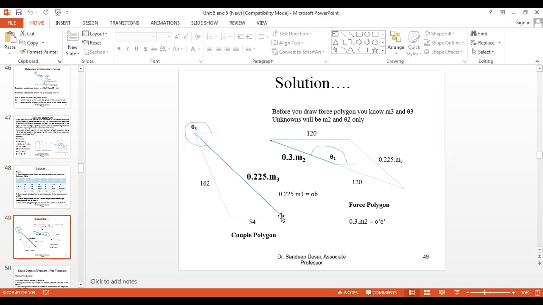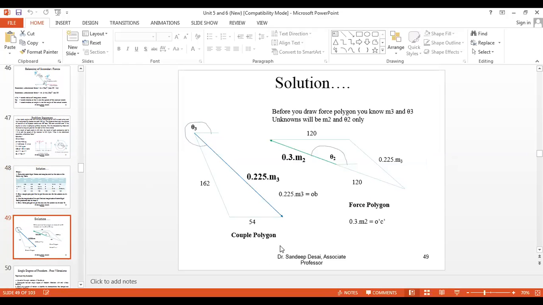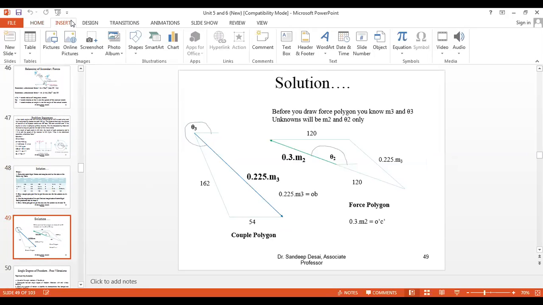No problem. For drawing the couple polygon, which we have to draw first, start from here. This is that point. Understand that the magnitude is negative, so it should come towards the left from the origin.